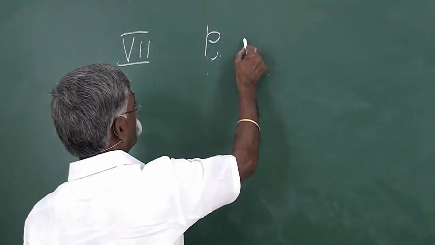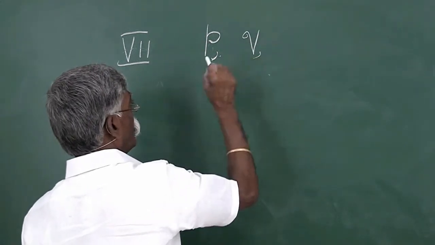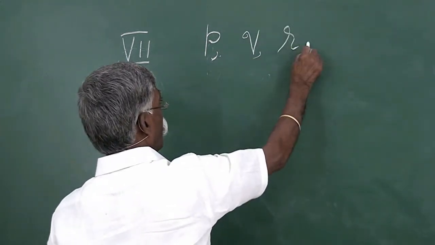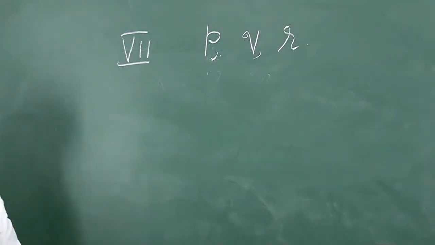grades and Q is in degrees and R is in radians.